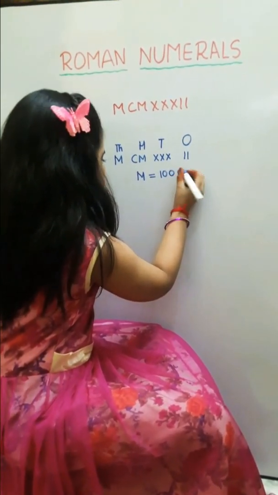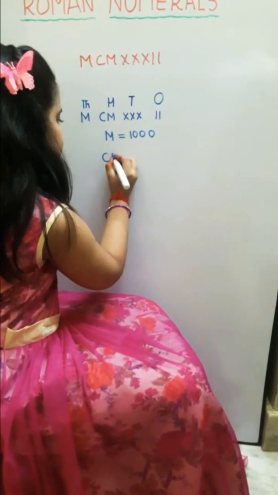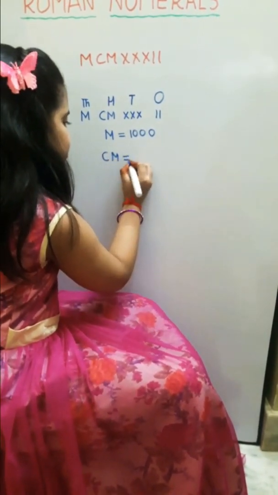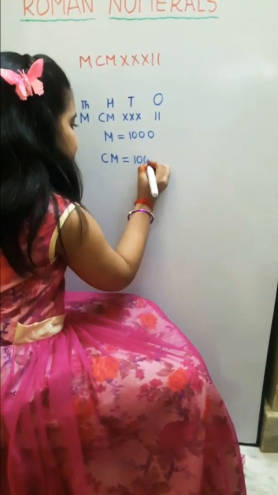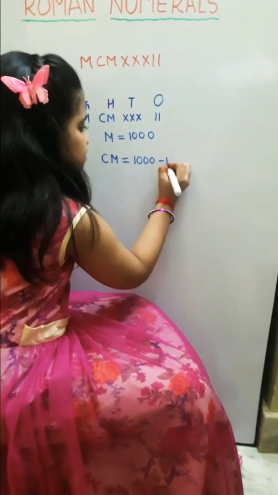M value is 1000. CM is equal to 1000 minus 100, is equal to 900.